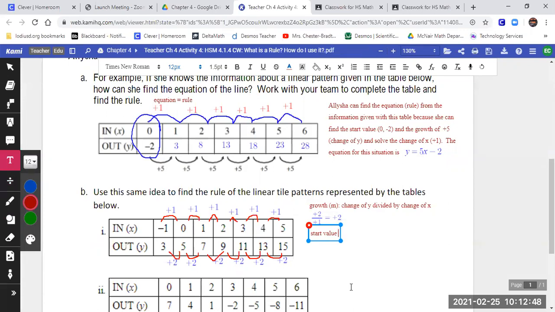What does it look like when we have a start value of beginning? What are we looking for on the table to see where we begin?